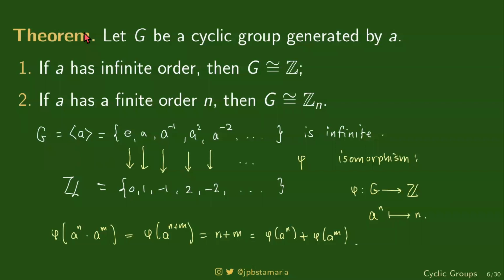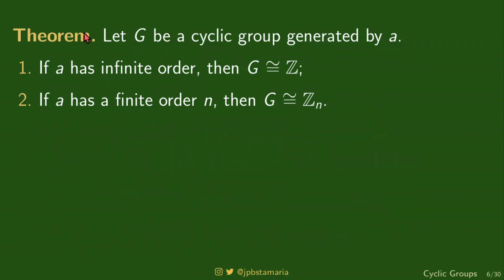That's why phi is operation preserving aside from the fact that it is a bijection. So, isomorphic ka lang sa Z. E paano naman kapag sir si a ay may finite order na n? Sabi ng previous theorem ulit kanina, in this case, yung subgroup na ma-generate ng a, n lang ang laman.